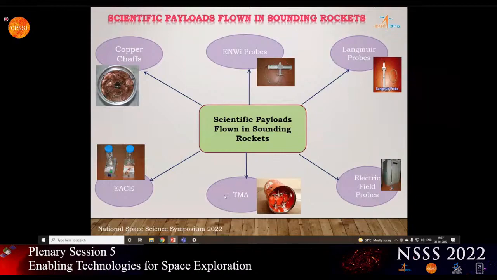And TMA, popularly known as trimethyl aluminum, which is already discussed, and EAC and some copper chaff experiments. We have regular copper chaff experiments from our Thumba station, with the help of which we can characterize wind velocity from an altitude of some 60 kilometers down to some 20 kilometers.